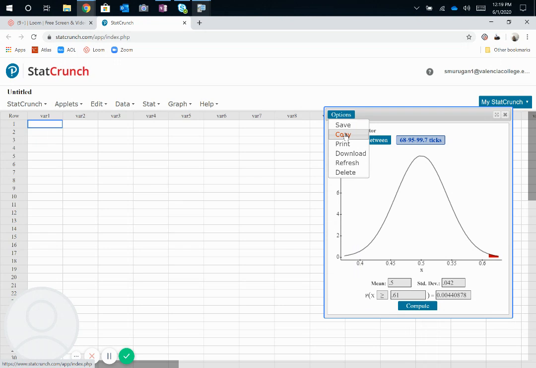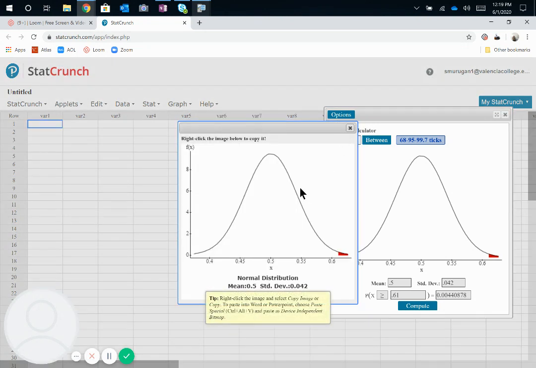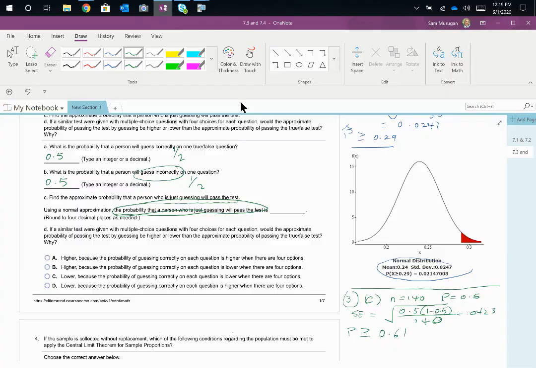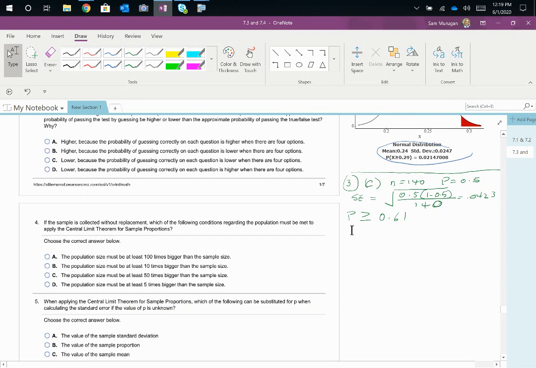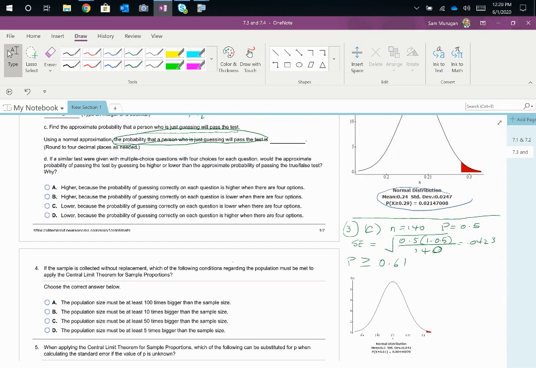So if your answer is not going through, sometimes look at the number of decimal places and copy it. But this is giving me a probability of about 0.0044, which is great. I'm going to go with it. Okay, that answer right there.